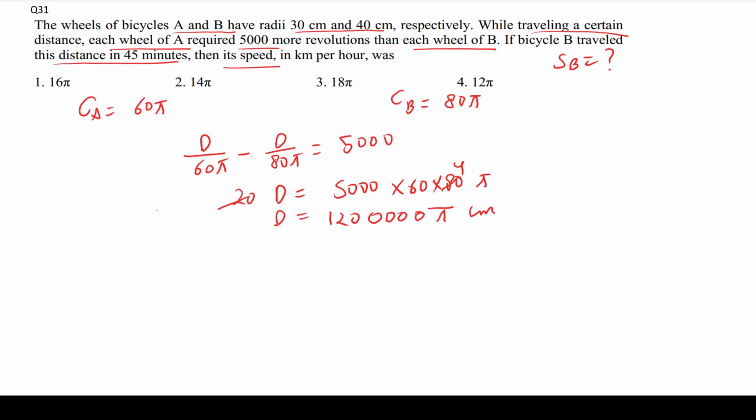Now we need to find the speed of B in kilometer per hour. When we convert centimeter to kilometer, this will be 12 pi kilometer.